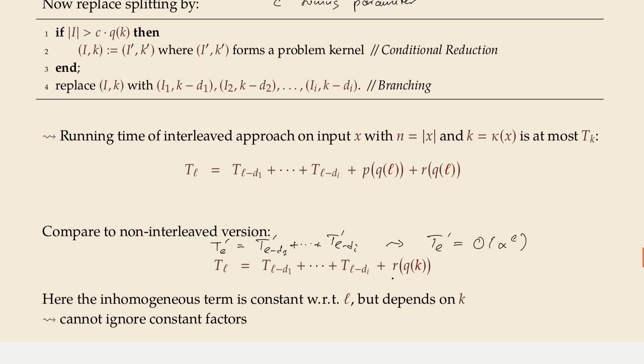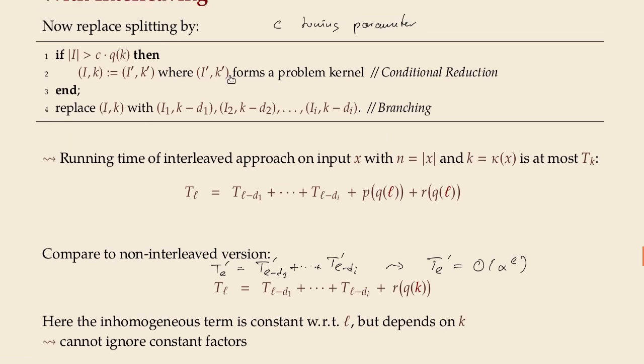We chickened out by leaving out the inhomogeneous part, solving this, and then afterwards saying, okay, each recursive call just adds such a term, so we just multiply that. Now for the interleaved part, we can't do that, because now the size of the instance depends on the actual parameter in the search tree. That was just what we were aiming for.